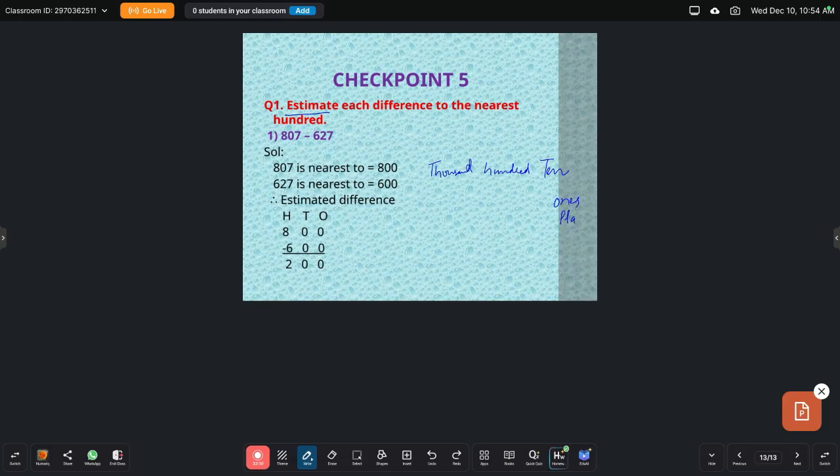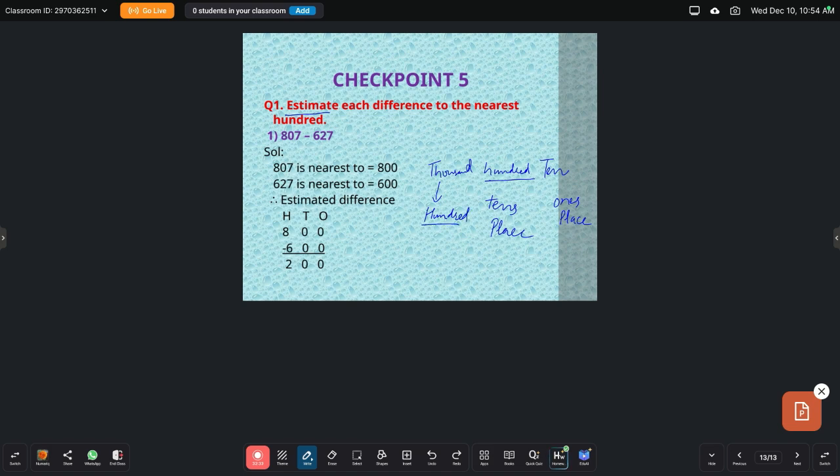To round off the number to the nearest 100, we need to check the digit at tens place. And to round off the number to the nearest 1000, we need to check the digit at hundreds place.